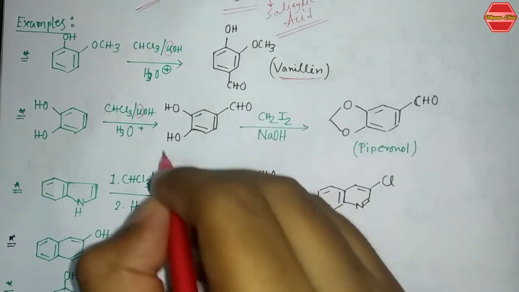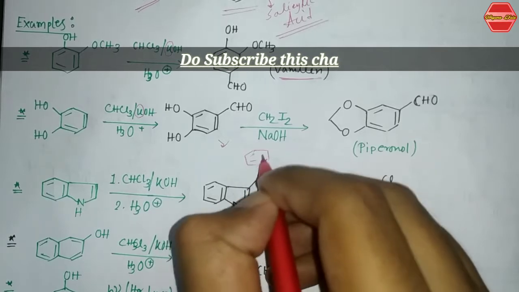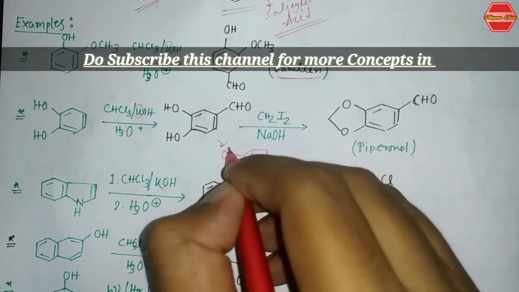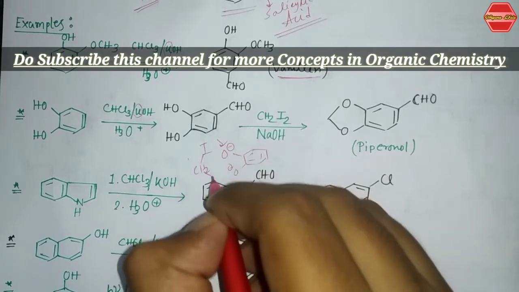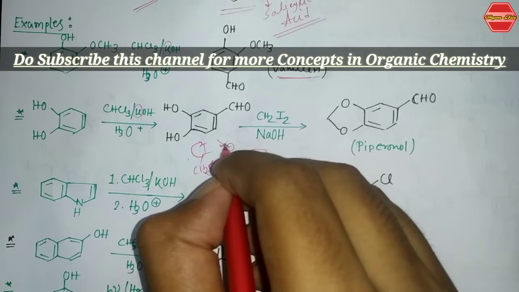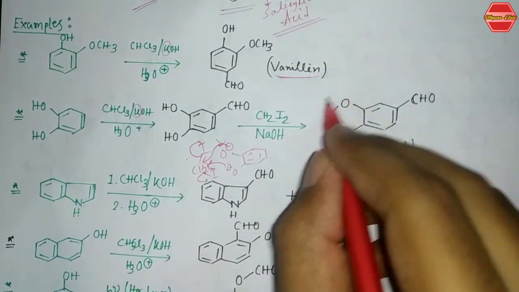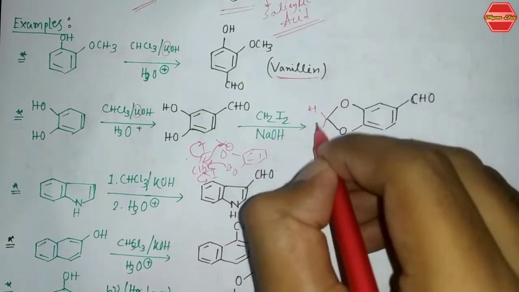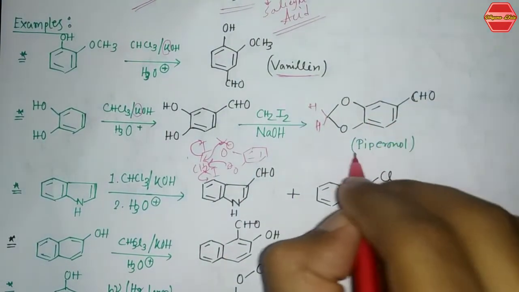You are using NaOH, so these two OH groups form this O-, and we are using CH2I2, so it will attack over here, and 1 mole of hydrogen will leave from the system. Similarly it will attack over here, and this hydrogen will leave from the system. So that is how you can get this CH2 insertion in this kind of product. So this is called piperonal.